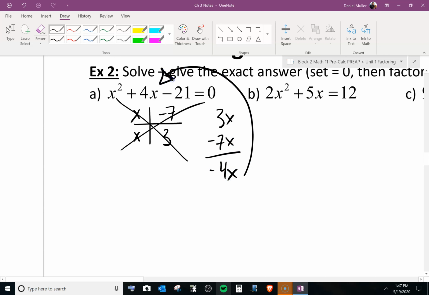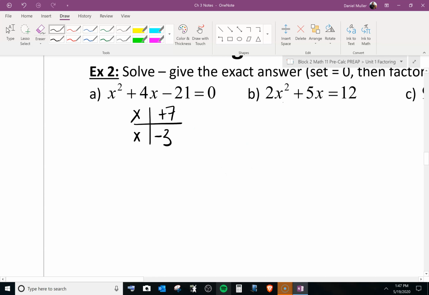Is that my middle term? Nope. It's close. It's a positive 4x. So that means I need to change my signs. So this negative 7 here, I'll make it a positive 7. And this positive 3, I will make a negative 3. So my diagonal is negative 3x and positive 7x. And if you add those, I get a positive 4x, which is exactly what I want.